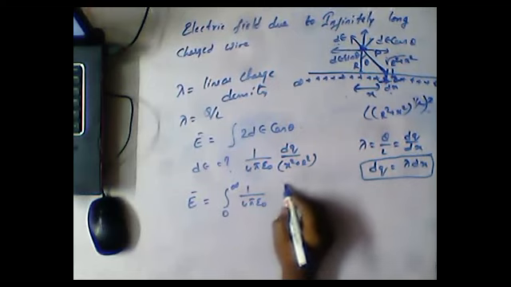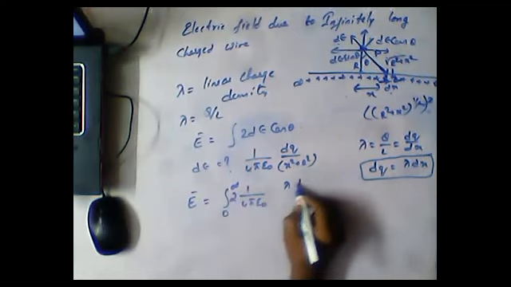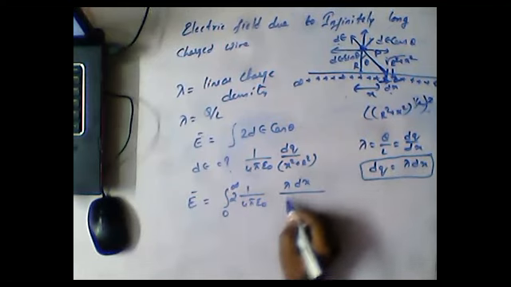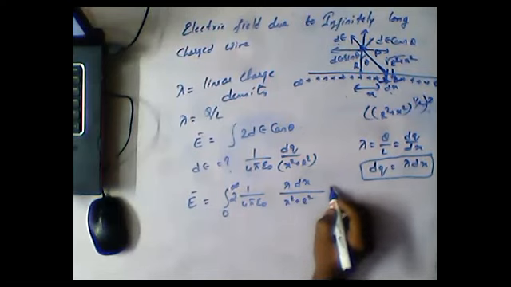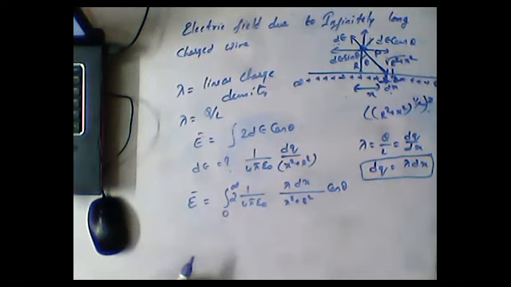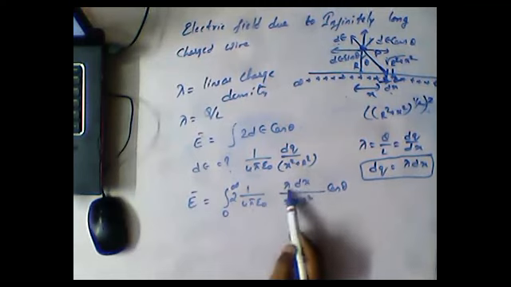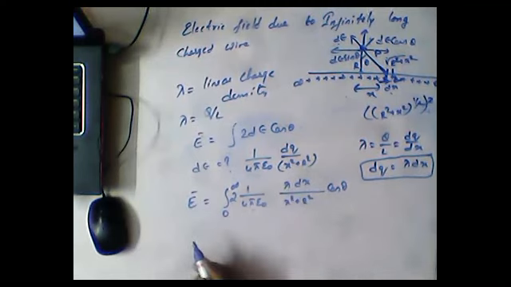And dq is equal to lambda dx, and here it is x square plus r square, and here last one is cos theta. This is the formula, guys. So 0 to infinity is the limits, and 2 is as usual 2 dE cos theta, and dE value is equal to 1 by 4 pi epsilon, and dq is equal to lambda dx, and here it is x square plus r square cos theta.